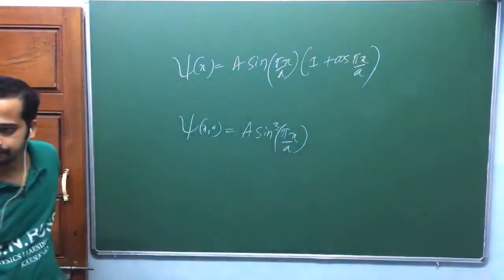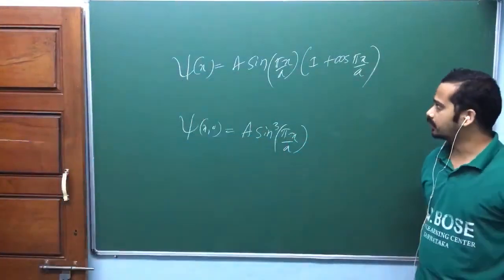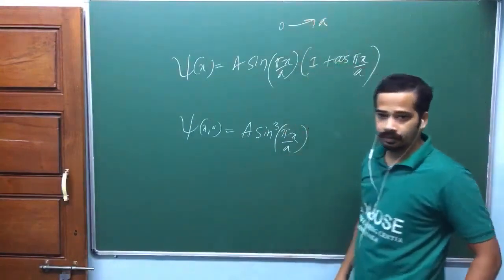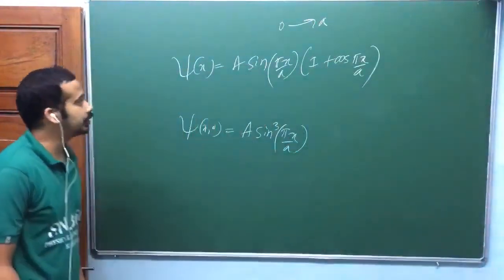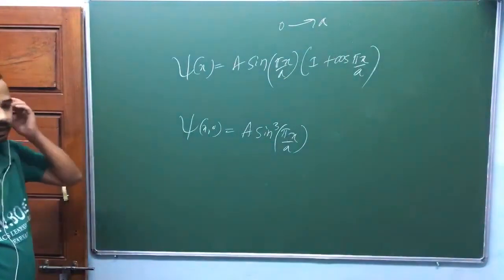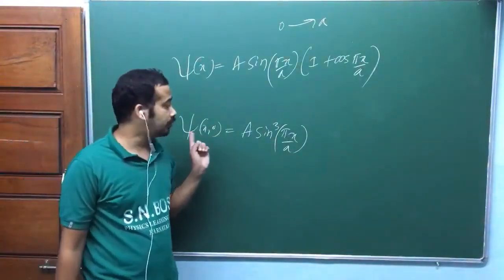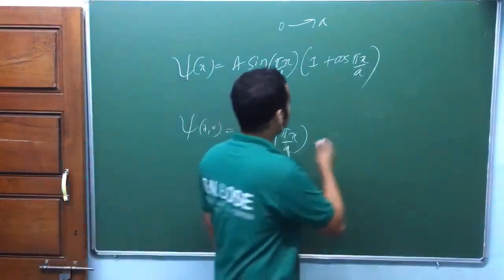This looks like our states. Again, the particle is trapped between 0 to A in a one-dimensional box, and they may give a function like this. These are also linear combination states, but they do not contain infinitely many terms. They contain finite terms. Do that one.